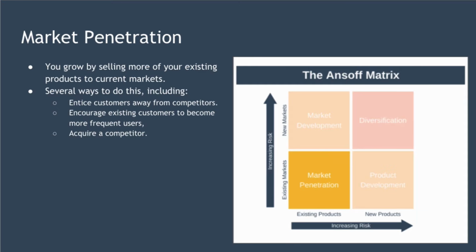Secondly, we have encouraging existing customers to become more frequent users of your products, for example, by introducing loyalty cards. And finally, we have acquiring a competitor. This strategy can be incredibly successful if increased volumes mean a disproportionate benefit of economies of scale to your organization, and therefore that drives and increases profit margins.